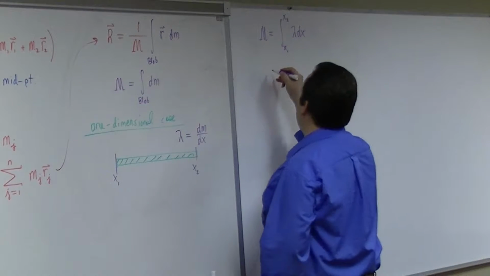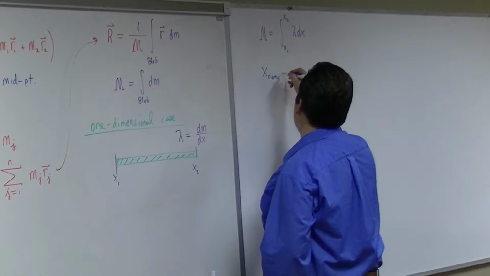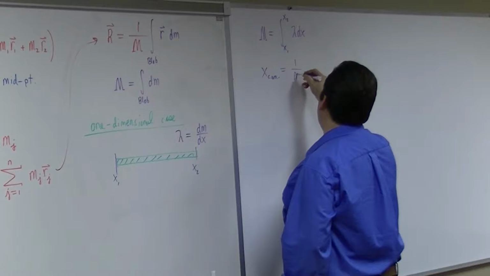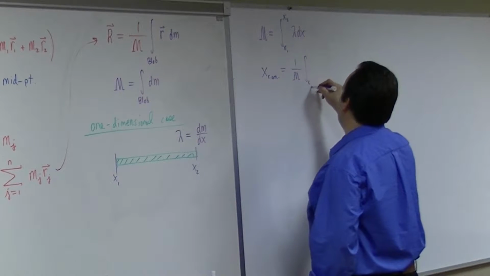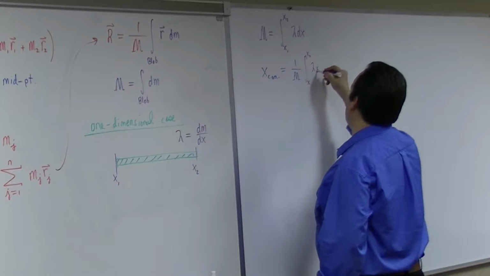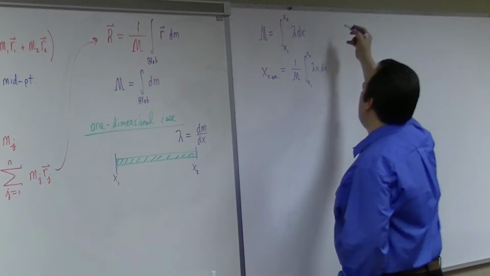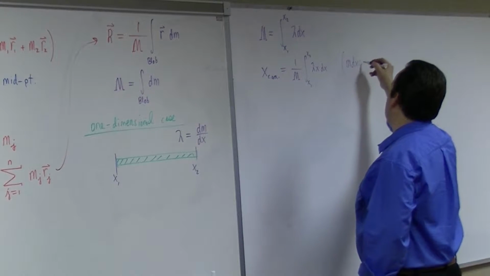And then the center of mass, x center of mass, would be equal to 1 over m, the integral from x1 to x2 of lambda x dx.